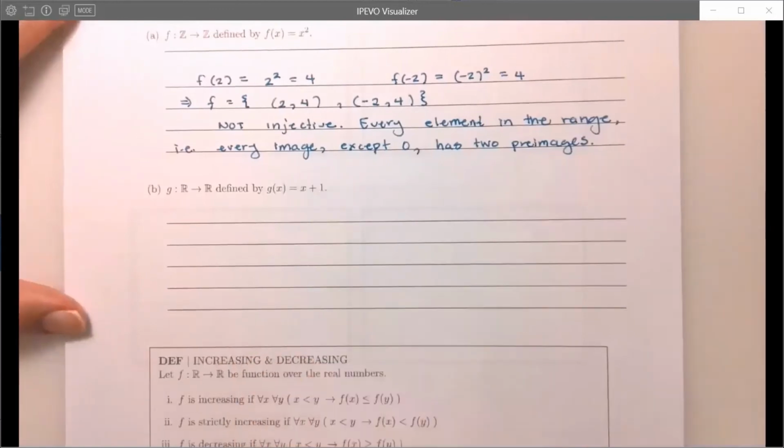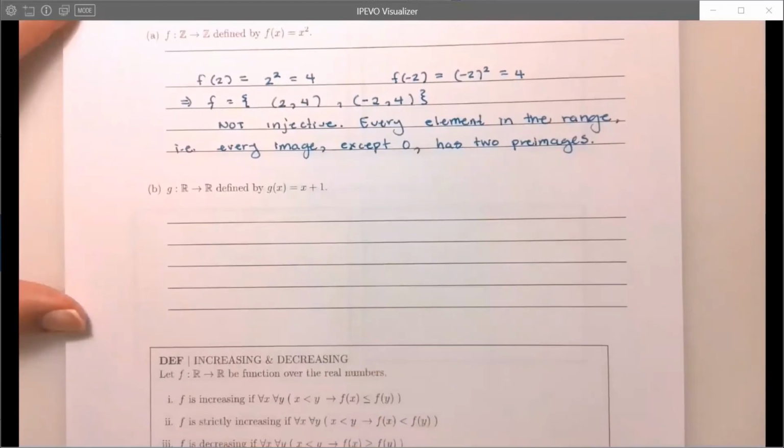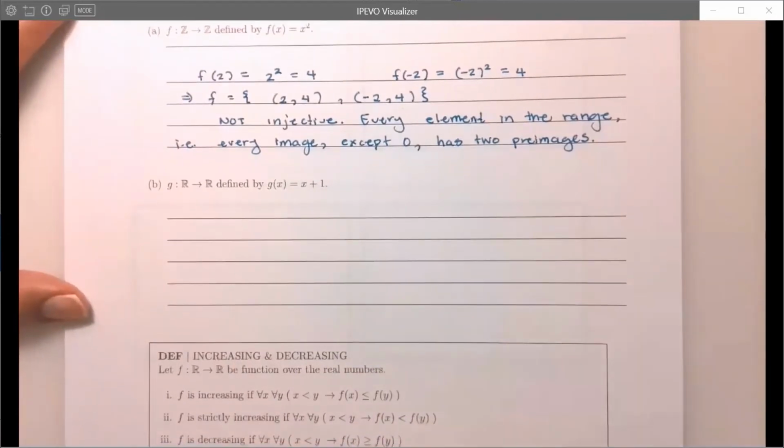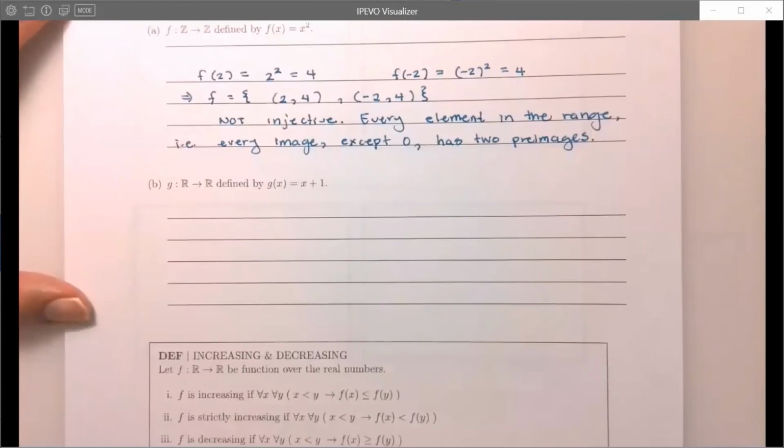So the way that we can prove it is we're going to prove it by contradiction. We're going to assume that there is one image with two distinct pre-images and then see what comes out of that claim.